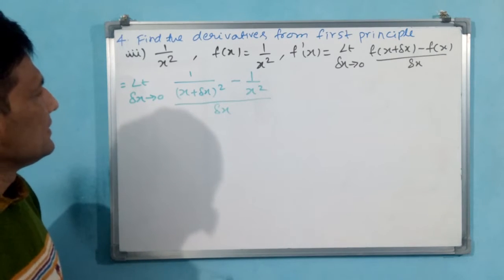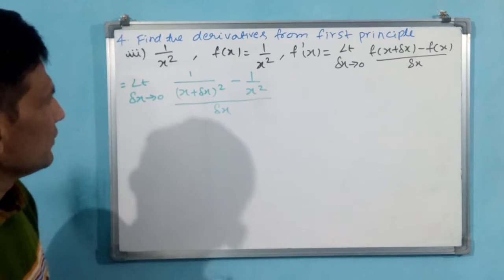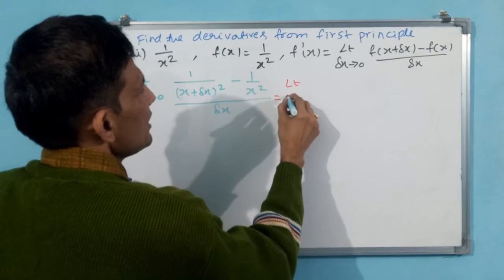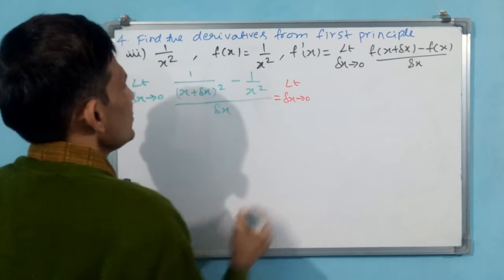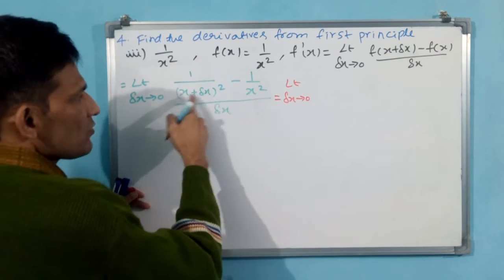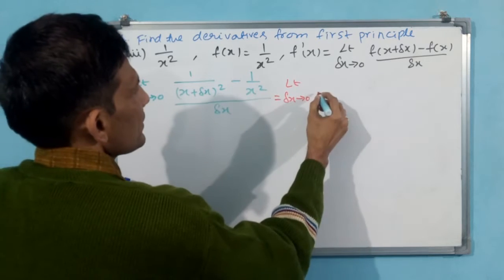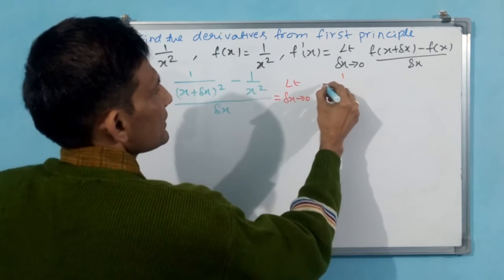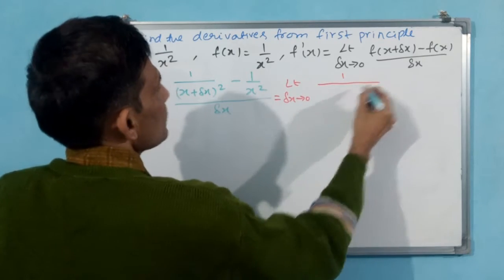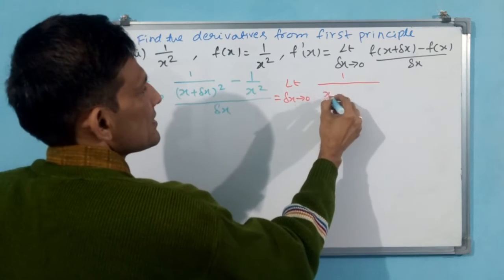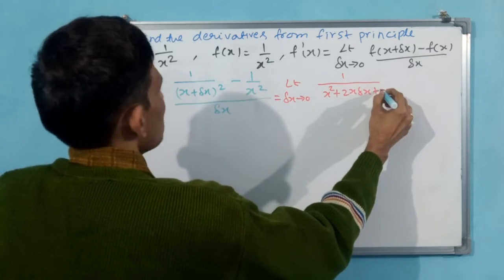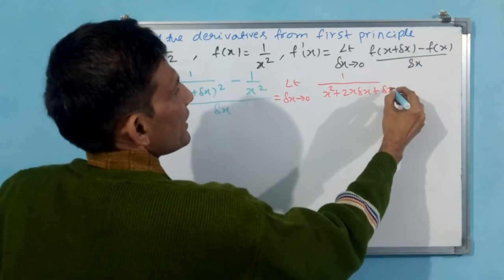And yes, we can extend this limit delta x tends to 0. You see, first you have to expand this 1 by, a square plus 2ab plus b square.